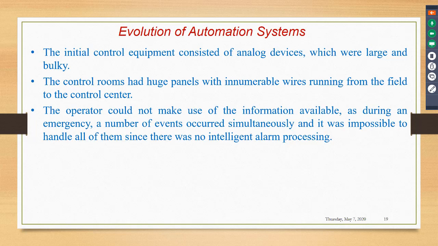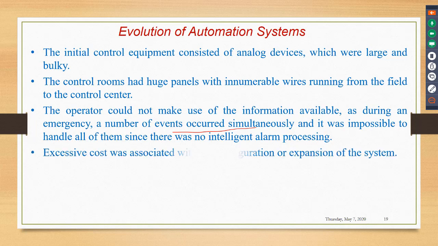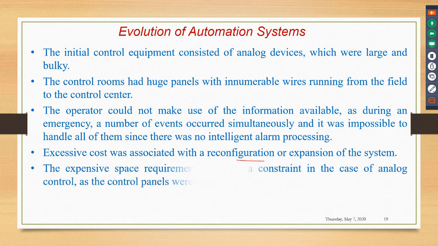The operator could not make use of the information available as during an emergency the number of events occurred simultaneously, and it was impossible to handle all of them since there was no intelligent alarming process. Excessive cost was associated with a reconfiguration or expansion of the system.